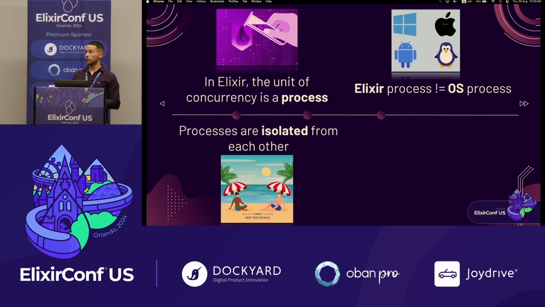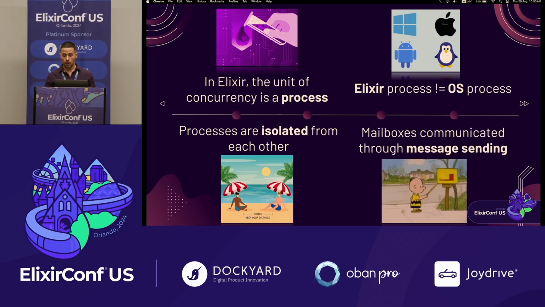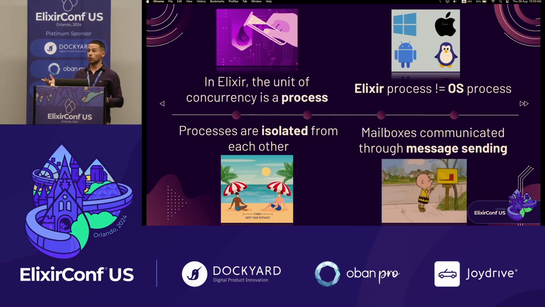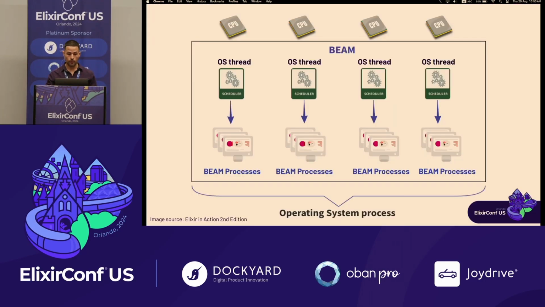The consequence of this is fostering responsiveness. And by the end of the day, processes are just mailboxes communicating through message sending. This means that if a single process receives two messages at the same time, one message will be attended by the process, and the other one will go to the process mailbox. Okay, so let's take a look at this picture.